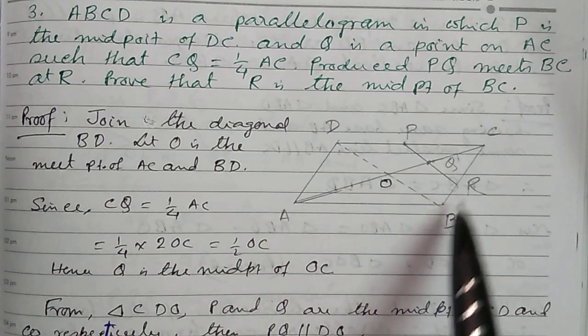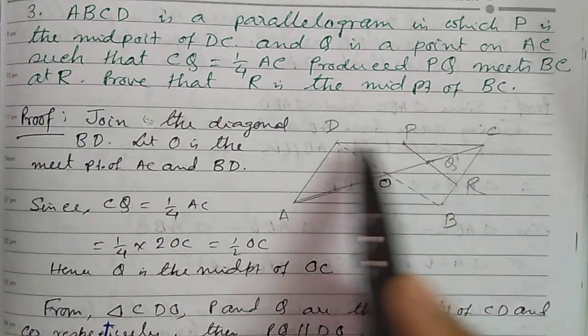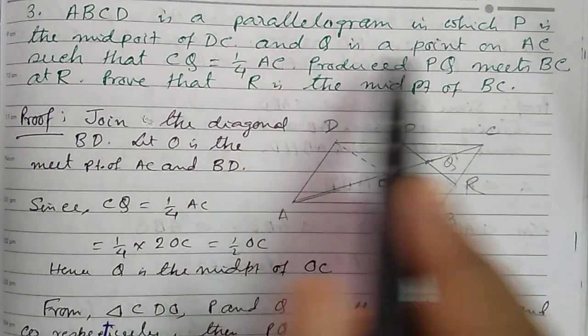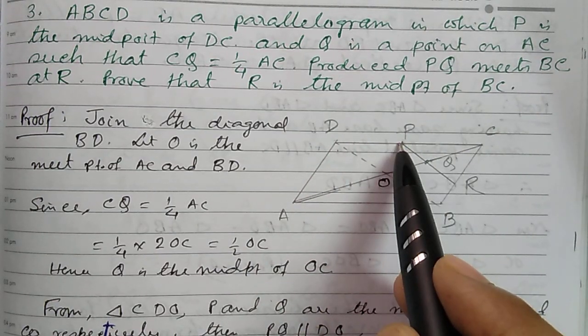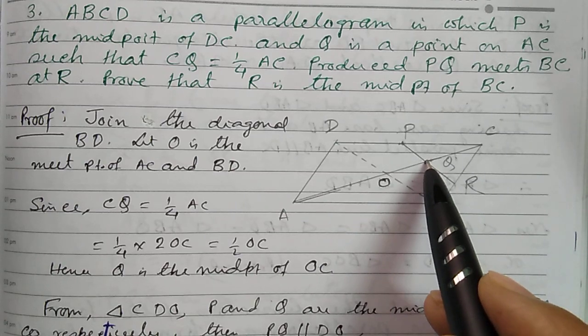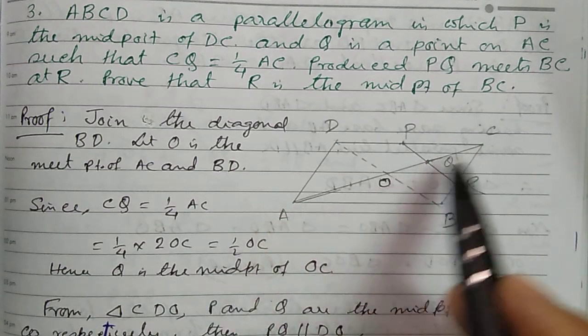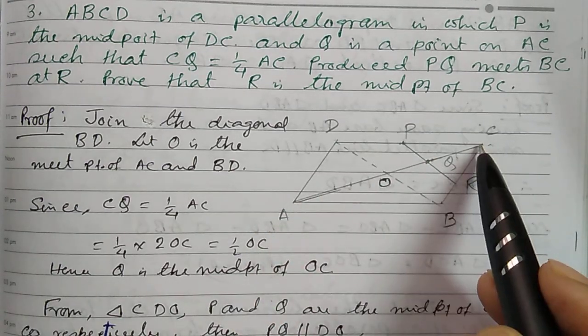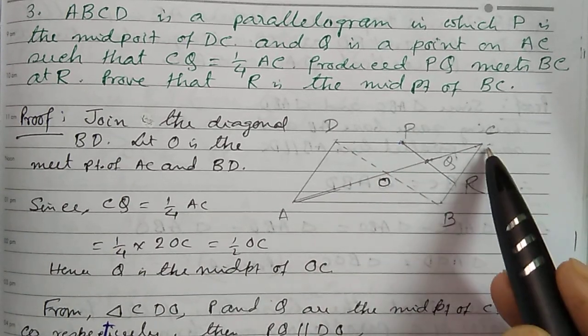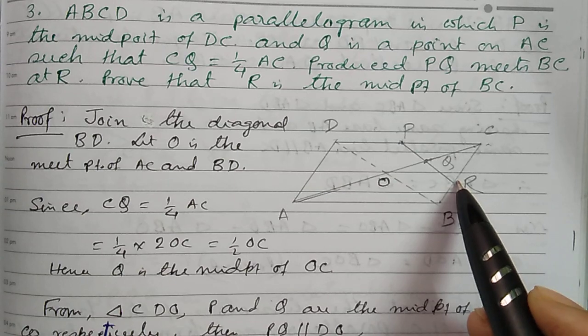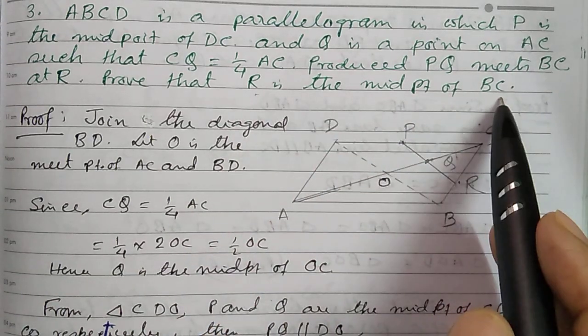We draw the diagram. ABCD is the given parallelogram and P is the midpoint of DC. Q is a point such that CQ equals 1/4 AC, and produced PQ meets BC at the point R. We have to prove R is the midpoint of BC.